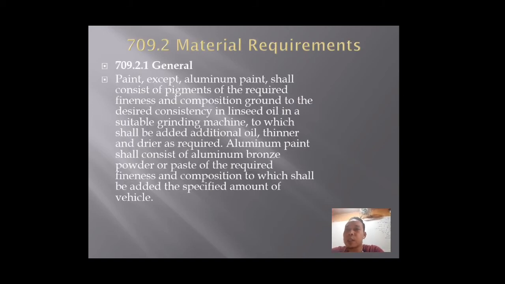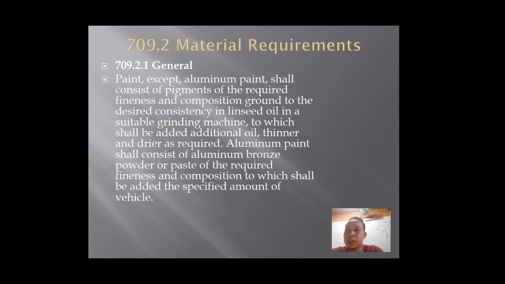Sub-item 709.2 talks about the material requirements. Sub-item 709.2.1, paint except aluminum paint shall consist of pigment of the required fineness and composition ground to the desired consistency in linseed oil in a suitable grinding machine, to which shall be added additional oil, thinner and dryer as required.